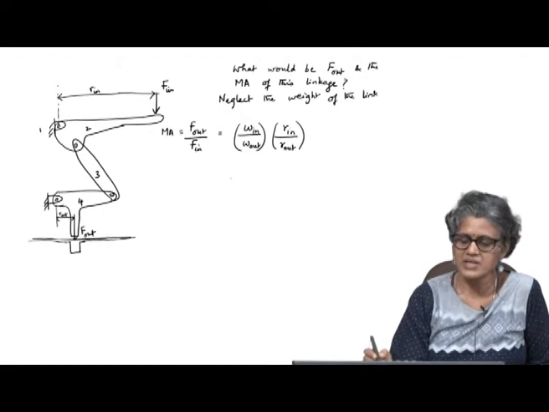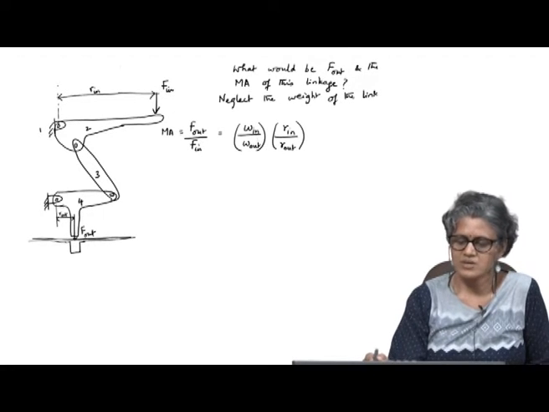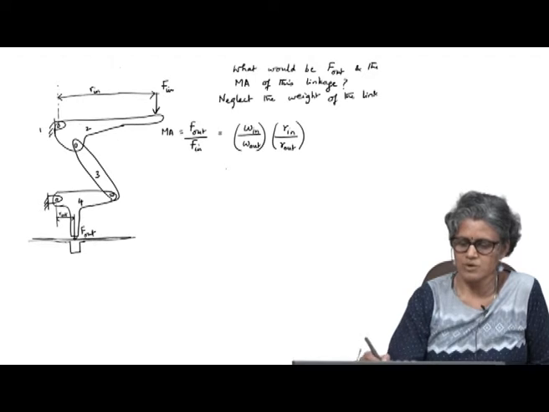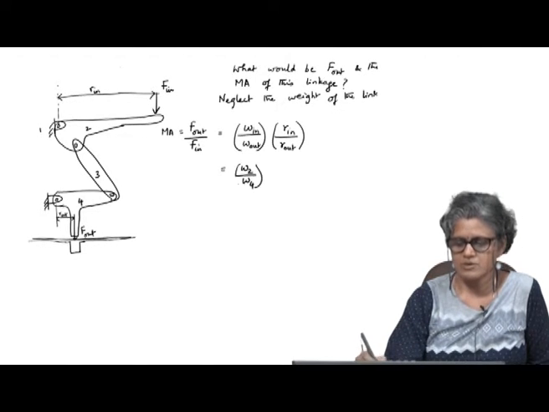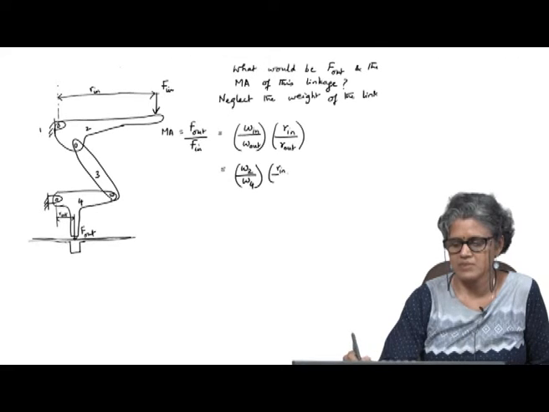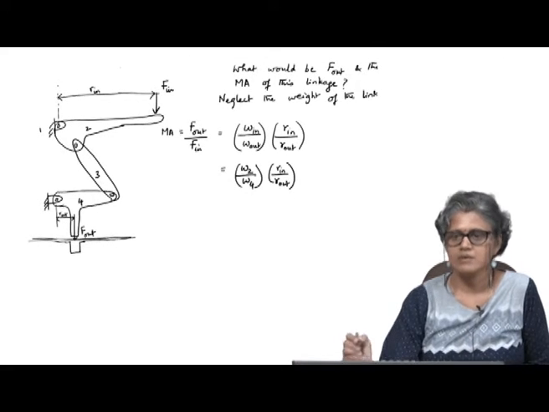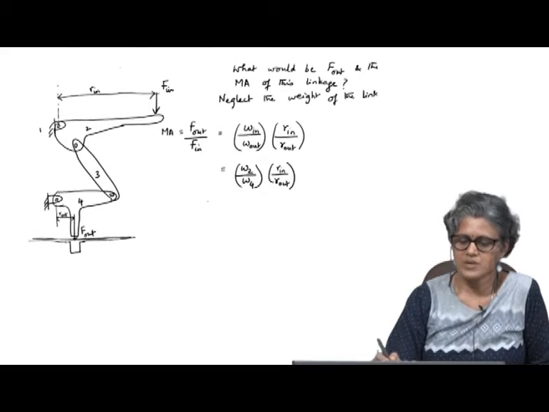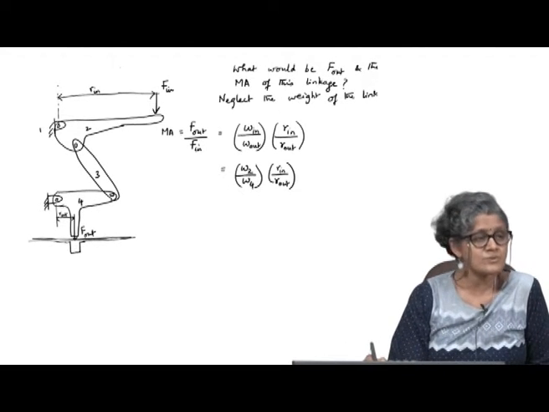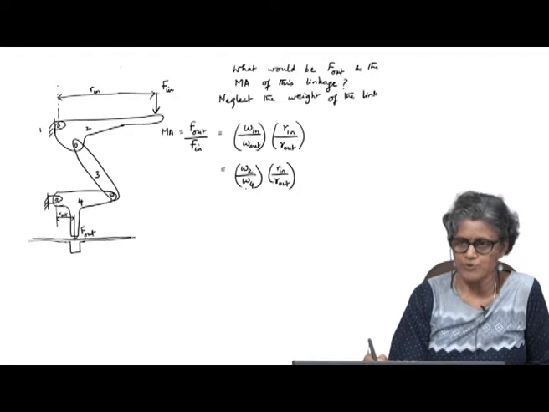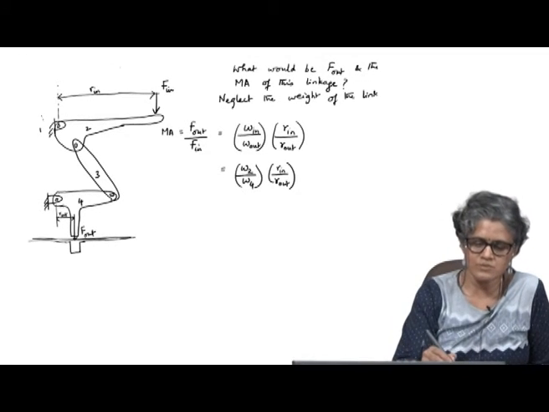So, here 2 is my input. So, in this case this is omega 2 by omega 4 into R in by R out. Okay. So, omega 2 by omega 4, which means I need to find the instant centers I 24, I 12, I 14, and I 24.